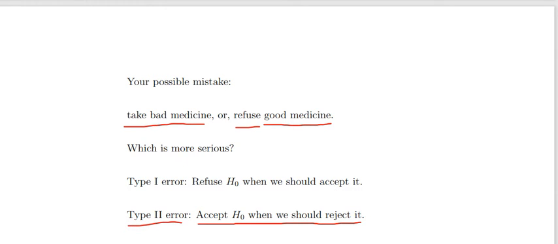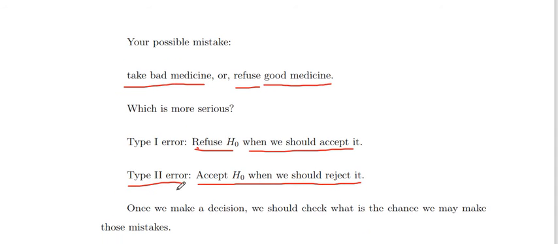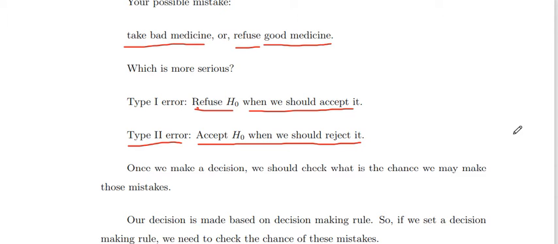Type 1 is that we refuse good medicine, or we refuse their claim when their claim is correct. So here we reject H0 when H0 is true. Type 2 error is that we accept H0 when H0 is not true. Those are the two kinds of mistakes, type 1 and type 2.